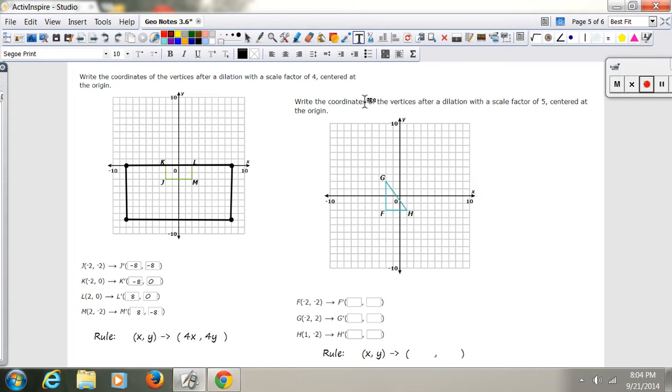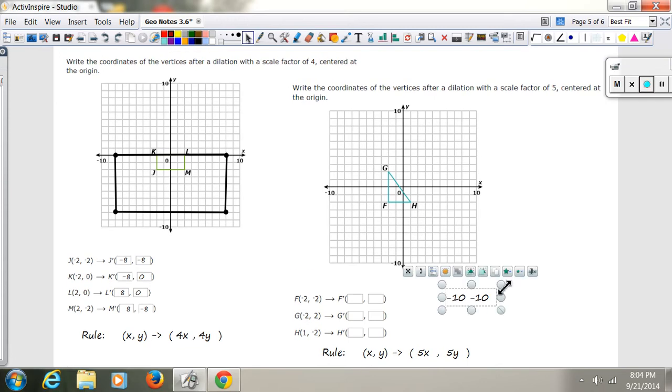This one is going to have a scale factor of 5. So again, that's another nice and easy one for us. It's going to be 5 times x, and that's going to be 5 times y. So let's see, our new points would be negative 10, negative 10. That would be our first point.